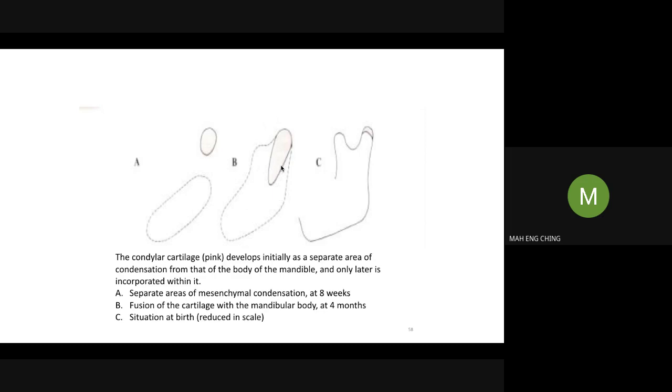Then slowly this cartilage will disappear, leaving only a thin layer of cartilage to protect the TMJ. So separation in area A, or the mesenchymal condensation at 8 weeks, then fusion, these two join together. Then at 4 months, and after birth, this cartilage becomes just a little bit to cover the condylar process. This one is still with cartilage.